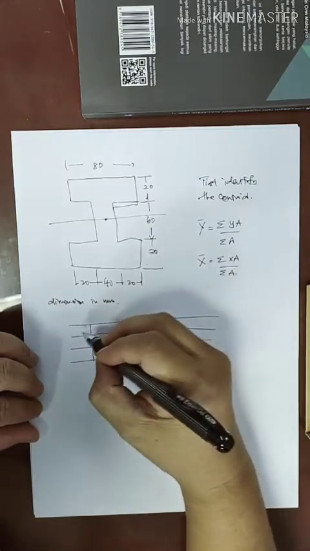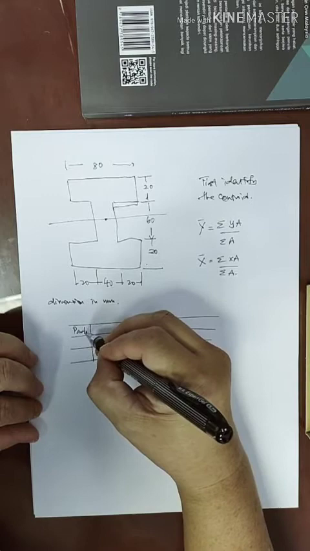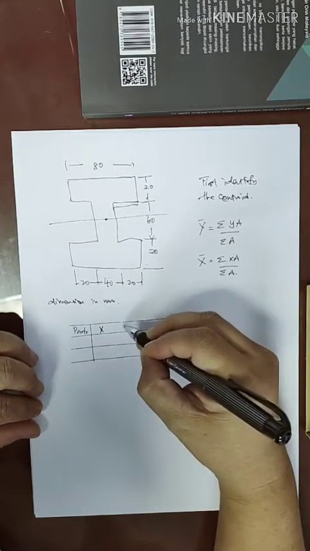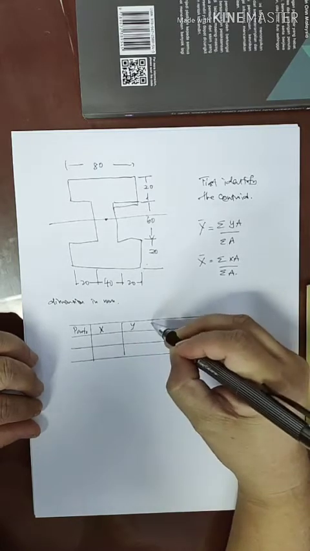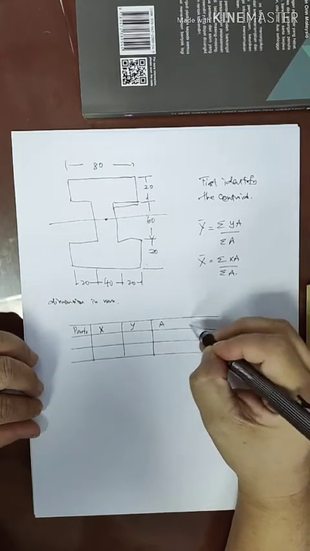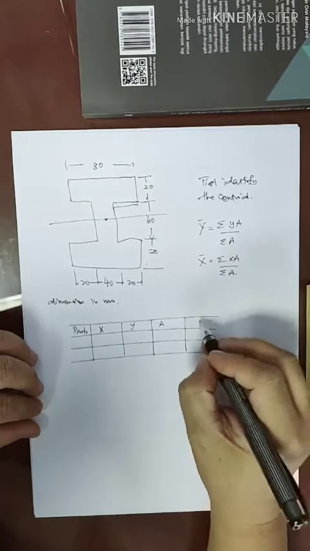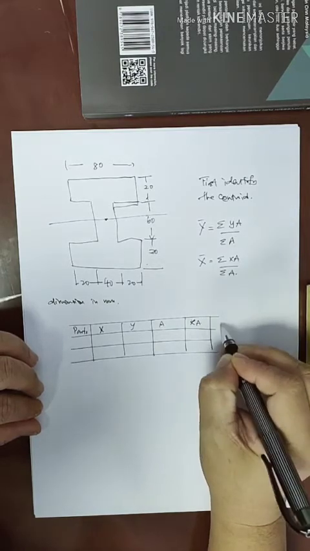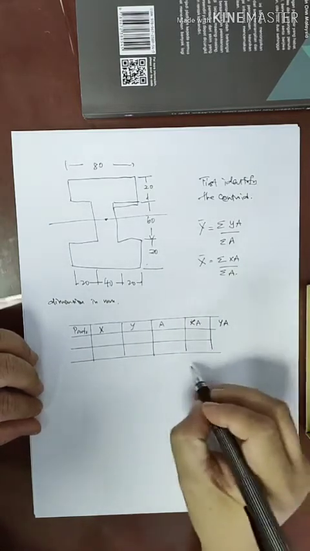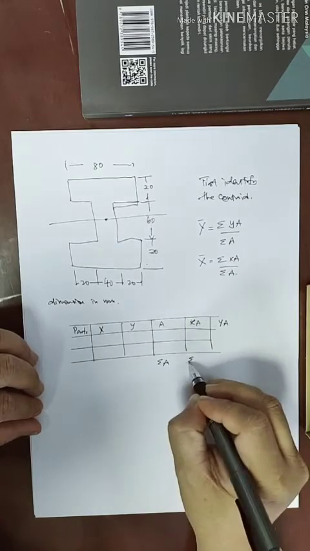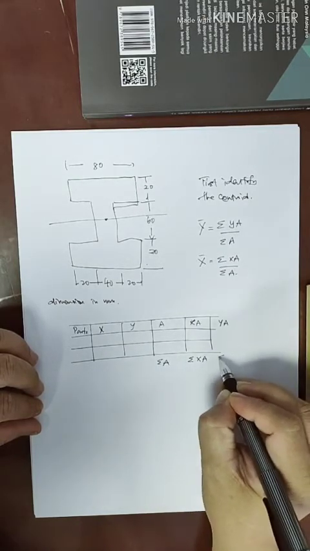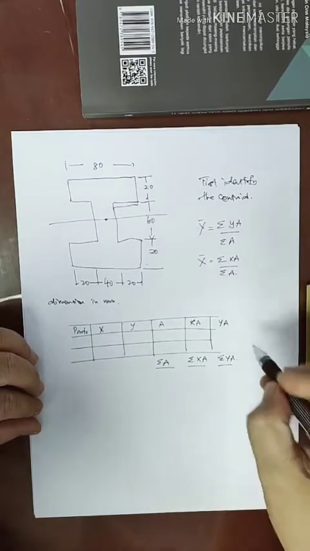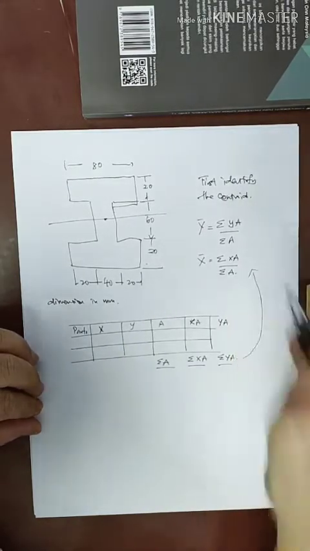We identify the parts, we identify the x, the y, the A, also xA, and also yA. Then this is summation of A, summation of xA, summation of yA, which eventually will be used here.